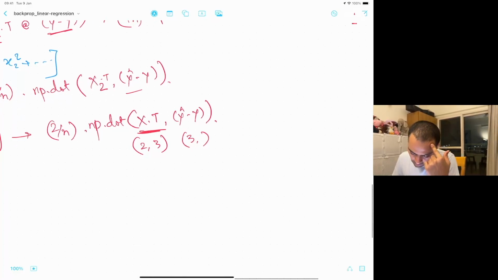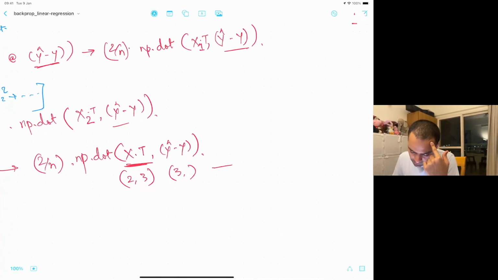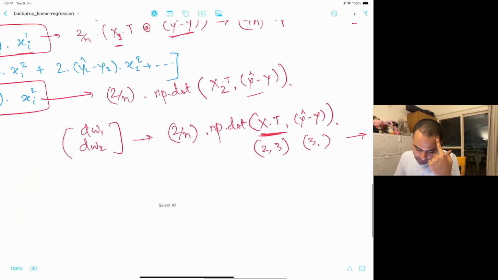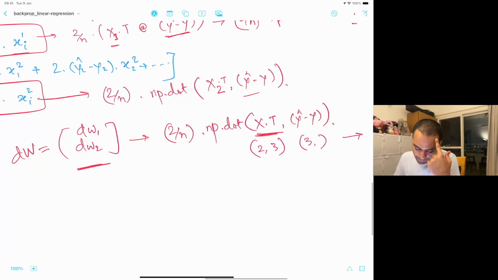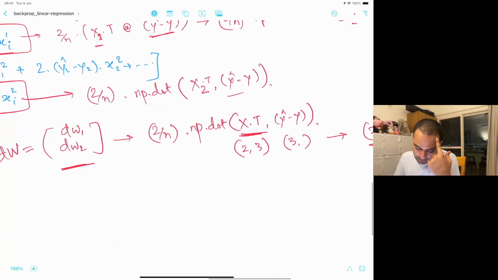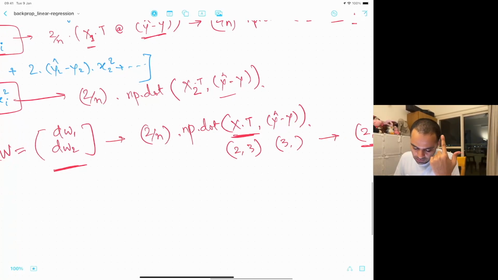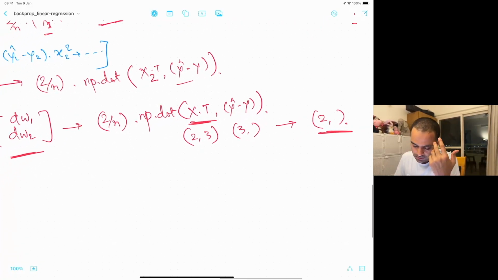If you do the dot product of these, you will get a vector of length 2, and this is what you desire out of capital dW, a vector of length 2, or basically the number of features.